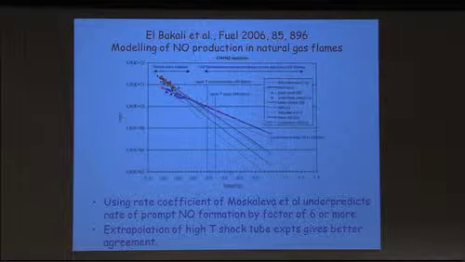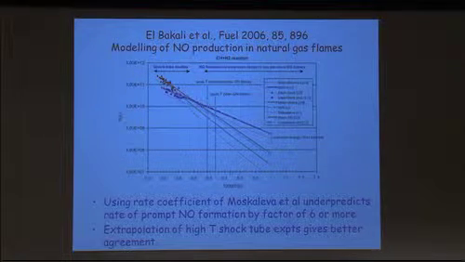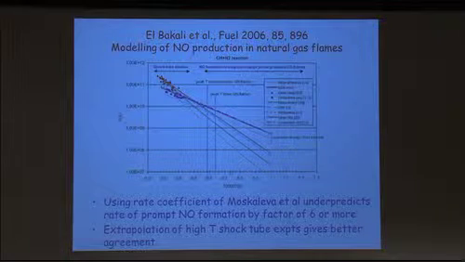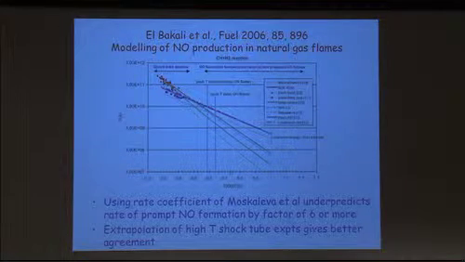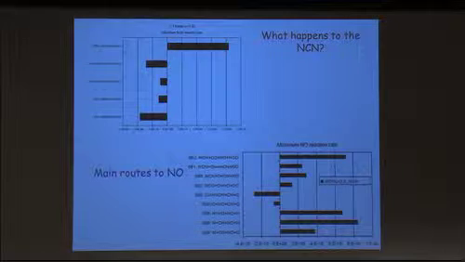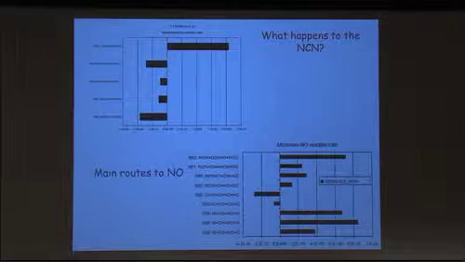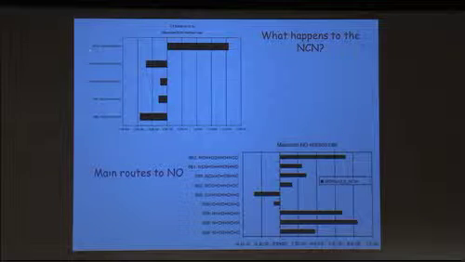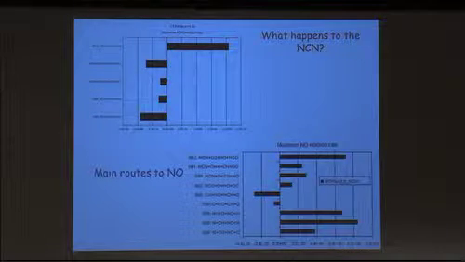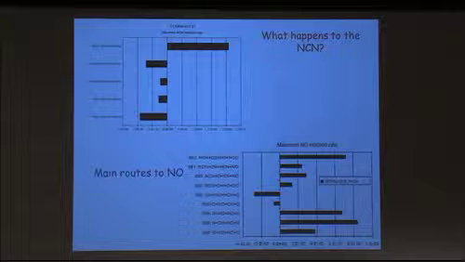And there are 2 separate experimental determinations up here, and also some theoretical determinations. What happens to the NCN? Well, here's its mechanism of formation according to Moskaleva and Lin.